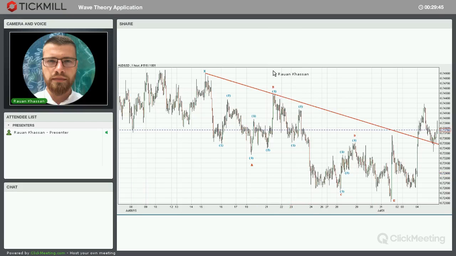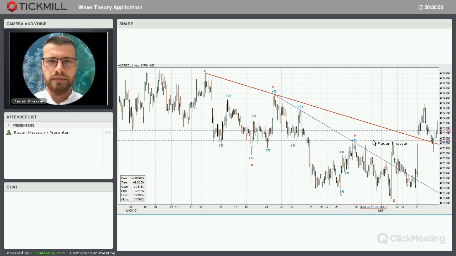The more important line is the B and D line. If you remember, it gives us the first entry signal. We connect the B and D line, which is kind of interesting in the current setup.